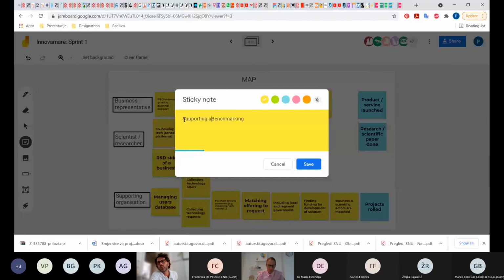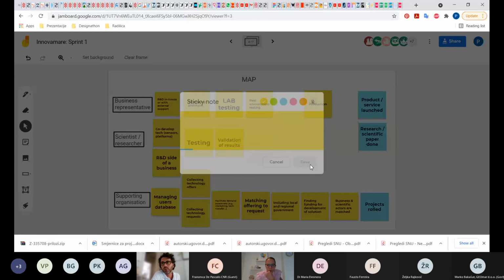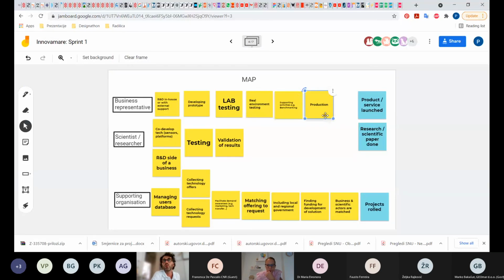And of course, then when you are on the market, you need to consider a lot of issues. Of course, financing could also be an issue.